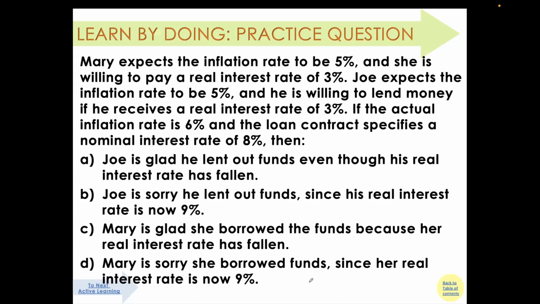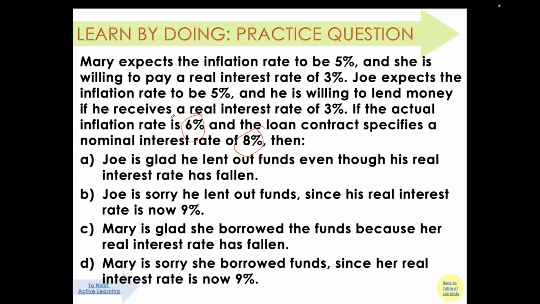But to answer what they feel, first we need to calculate the real interest rate. So the key information is here. Nominal interest rate of 8%, inflation is 6%. What is the actual cost for you to borrow? It's 2%. And furthermore, what is the actual gain if you save? Same thing, 2%, right?